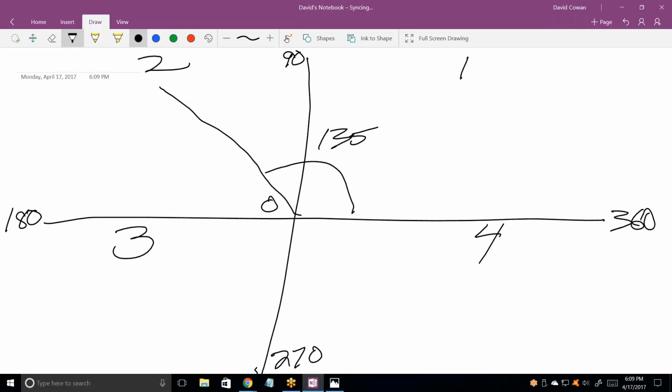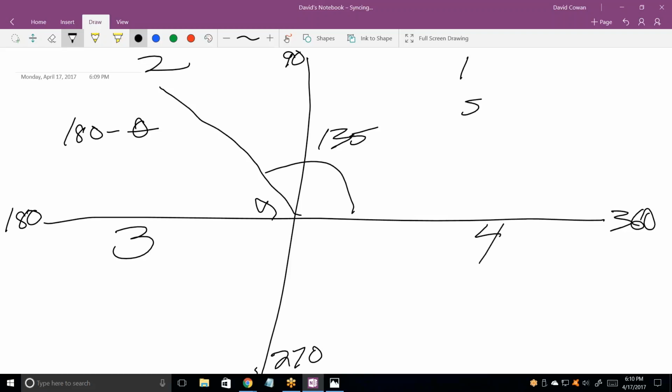Theta is always 180 degrees minus whatever angle you're looking at. So it'd be 45. That angle is 45, and the way you do trig functions is that's the same numerical value as the sine of 45 or the tangent of 45. The only thing that's different is the plus or minus sign.